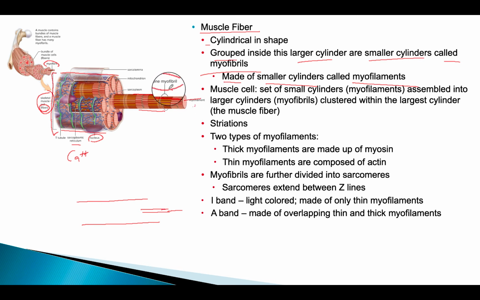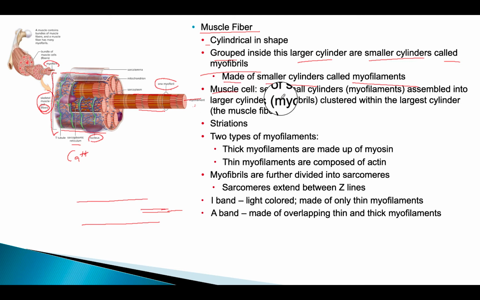Multiple myofibrils come together to form your muscle fiber right over here. Multiple muscle fibers will come together to form your fascicle, and then your fascicles come together to form the skeletal muscle. So that's basically the general concept of how we're going to be looking at a muscle.